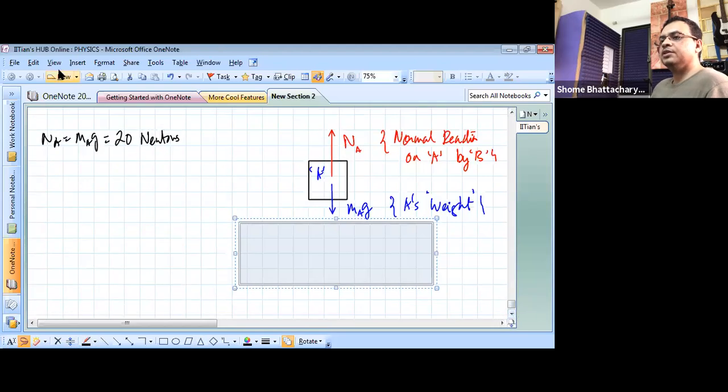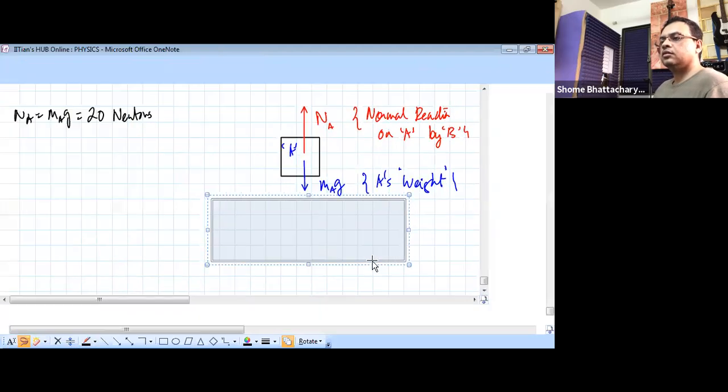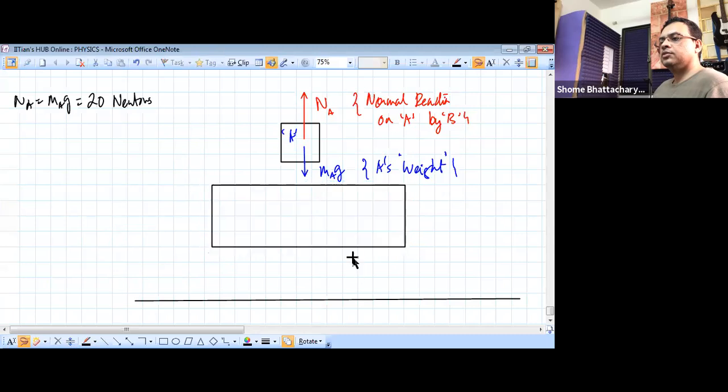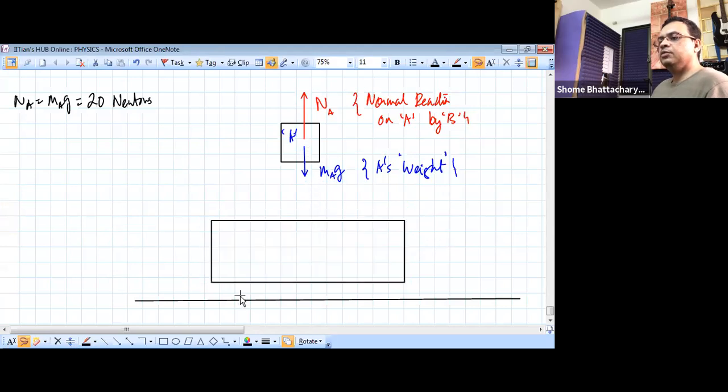For the body B, what is happening is that A will be applying a downward force on B, which will be like this. This will be the same magnitude as that one. So this is the normal reaction on the block B applied by A.